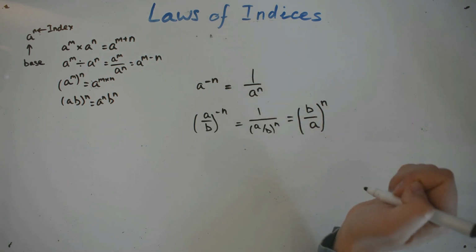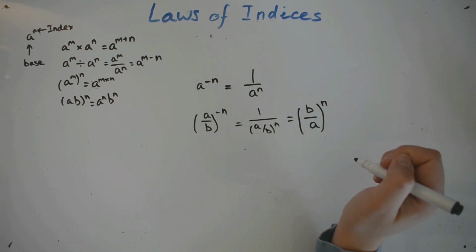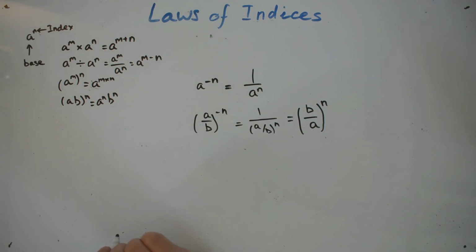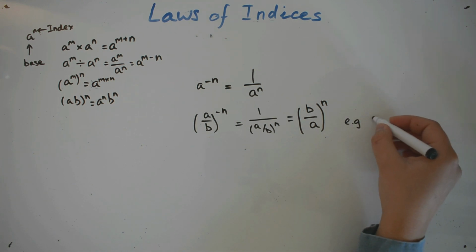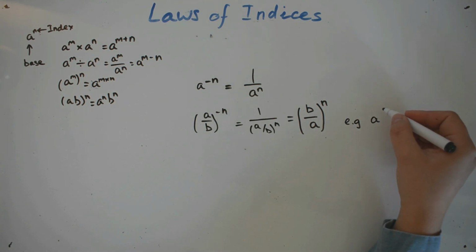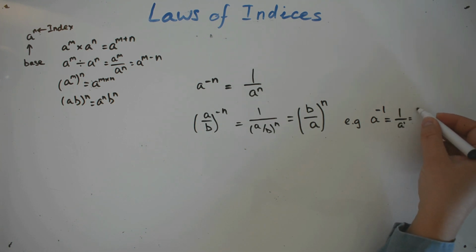This is not a rule, this is just application of other rules. But I know a lot of my students struggle with understanding that, so I'll write it here. Our example will be a to the power of minus 1. Very common, and that becomes just 1 over a to the 1, and that is just 1 over a.